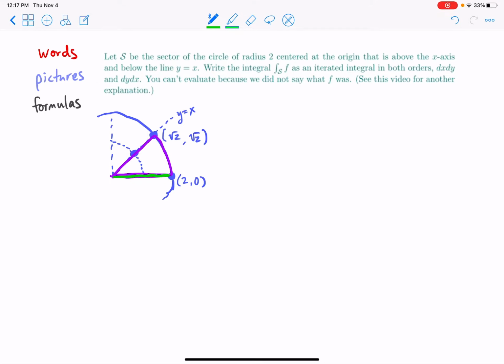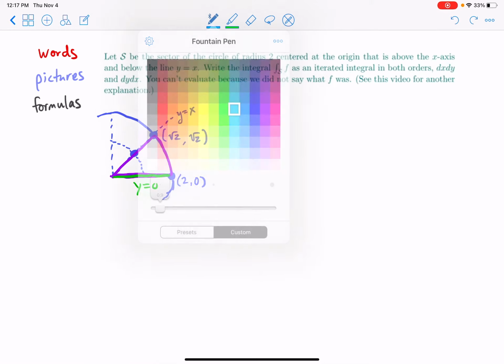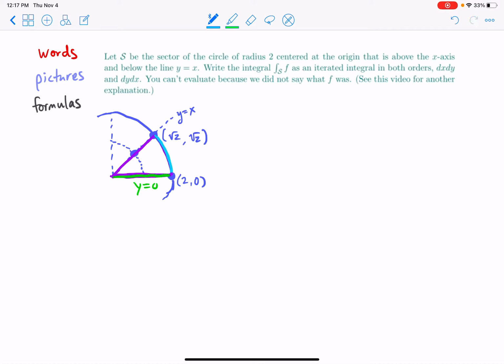This green part is the line y equals 0. The height y is 0. And then this part right here has equation x squared plus y squared equals, well, square this and square that, you get 2 plus 2, so it has to be 4, because 2 squared is 4.